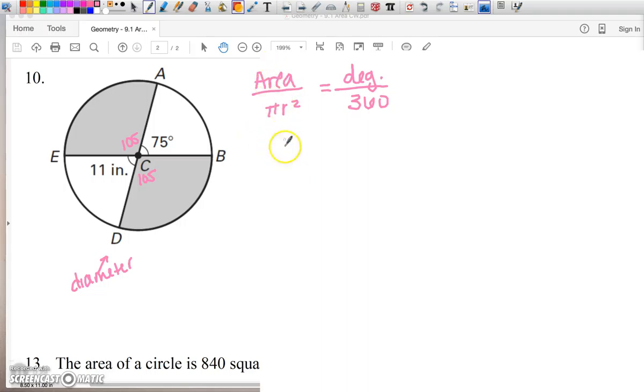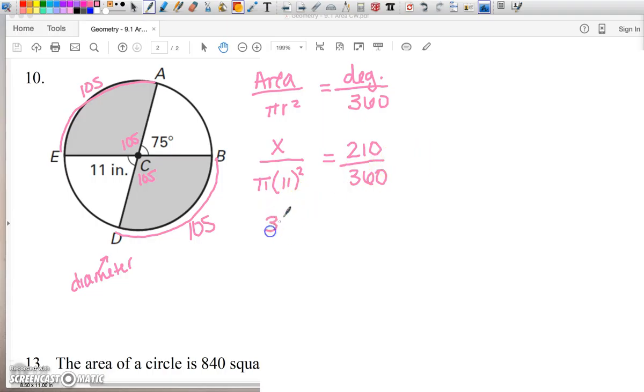So the area is what we're looking for, x, over pi r squared, which is 11 in this case, equals the degree measurement. Well, if we're looking for this whole thing, this whole arc here is 105, and this whole arc over here is also 105, because those are central angles. So that's a total of 210 degrees out of a total of 360.